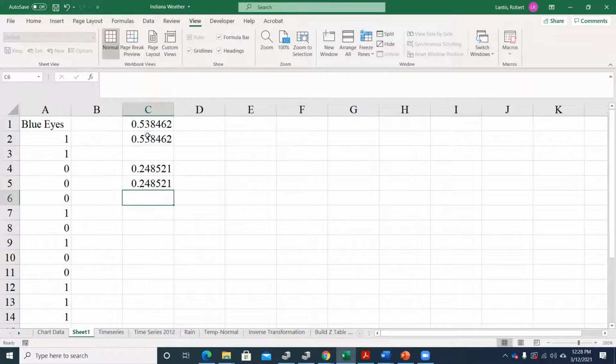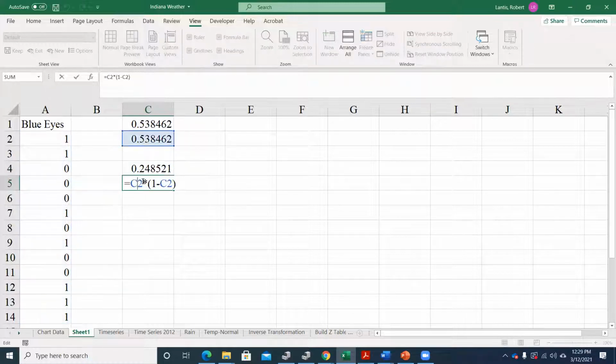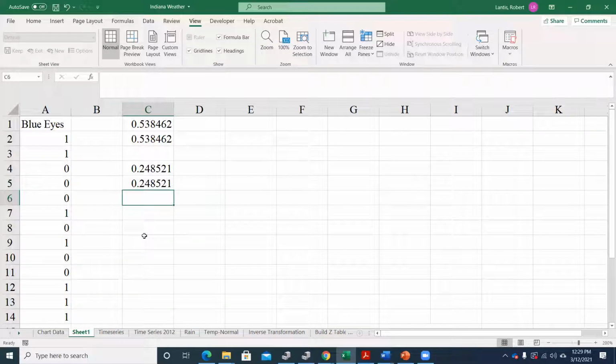If I find the variance of this data set, if what I told you was true, it should just be P, the population proportion, times 1 minus P. And sure enough, it is. So proving to ourselves that these things are true with data is always useful.